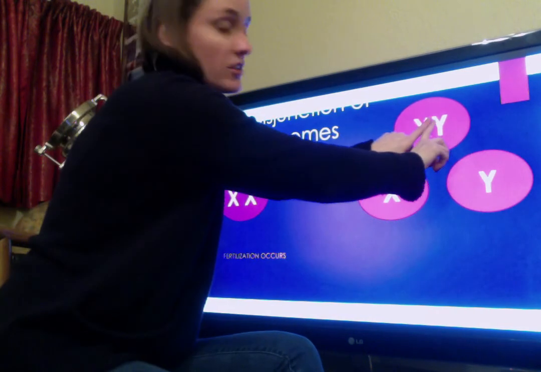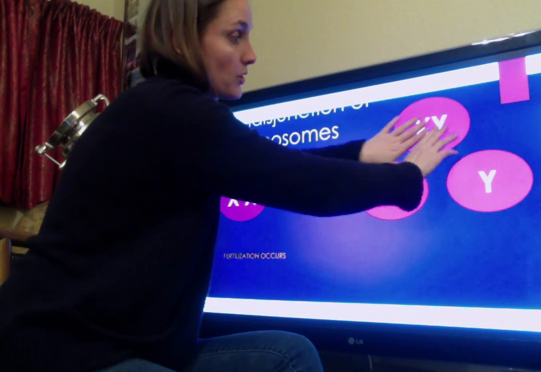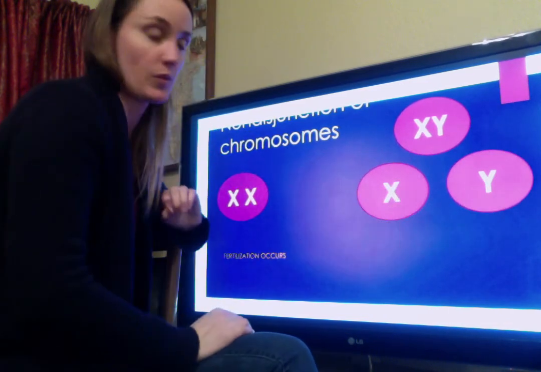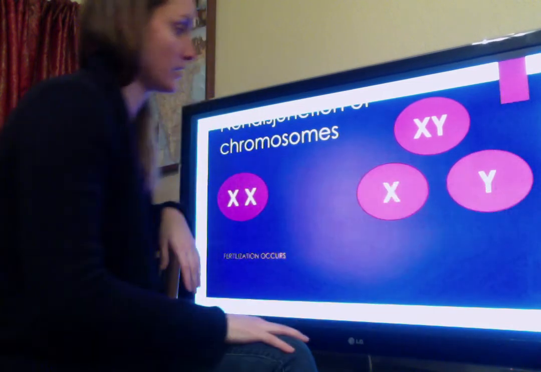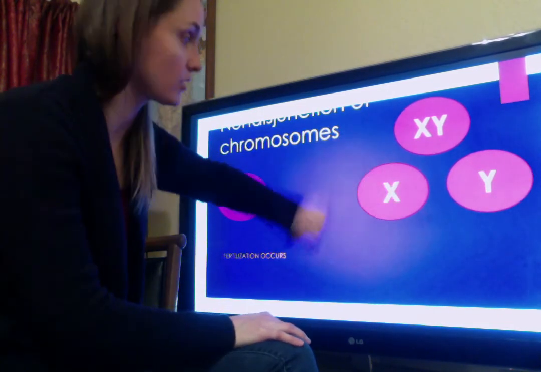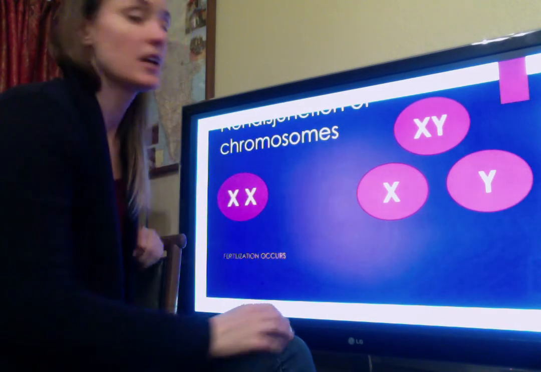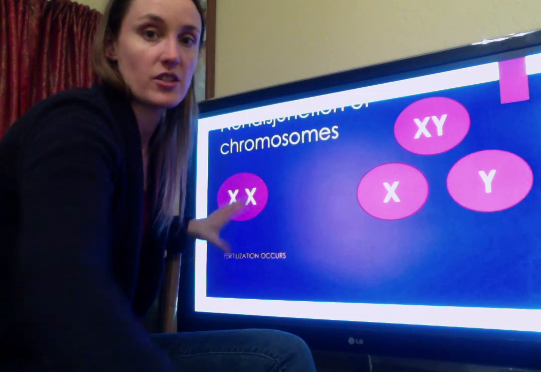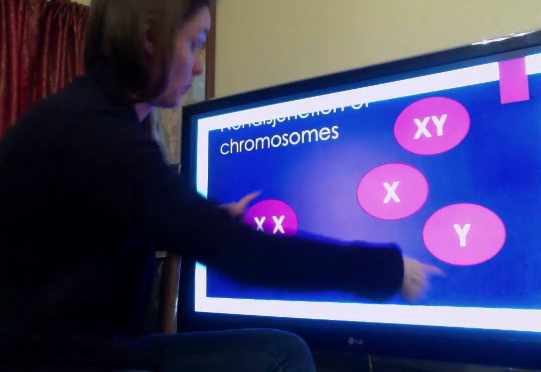And dad is going to go through meiosis 1, meiosis 2, and it's going to be reductive, and it gets split. Okay? So dad has an X and a Y in the sperm cells, and these are haploid cells. They only have 23 chromosomes, not 46. These are gametes. And now fertilization is going to happen. So we're having a boy.